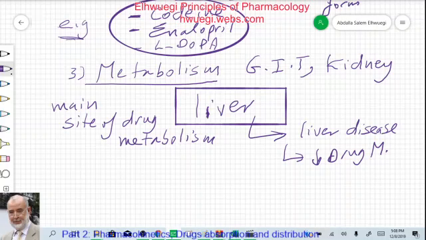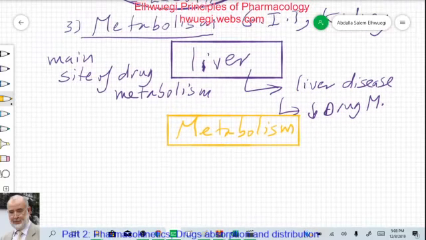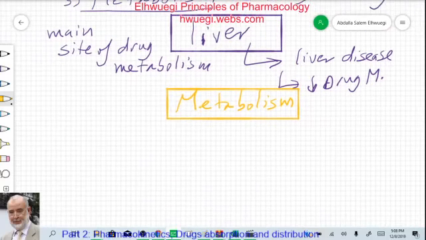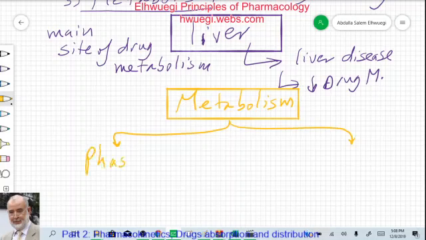So, how does metabolism take place? Metabolism of drugs in the liver mostly takes place through two main phases: phase 1 metabolism and phase 2 metabolism.